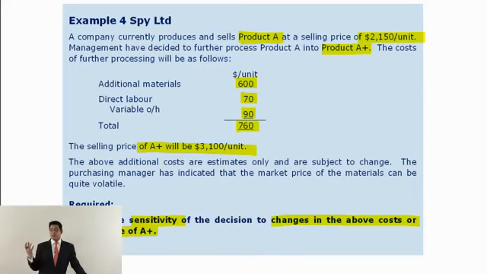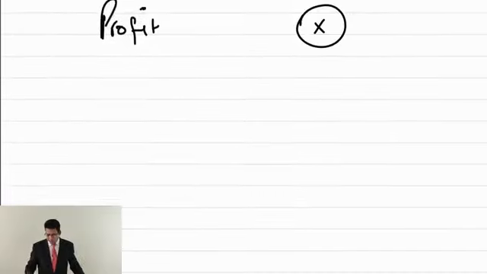Price may go up quite a lot. Now there are two things in this question: one is the further processing decision and second is sensitivity analysis. So let's do them one by one. First of all, let's do the further processing.